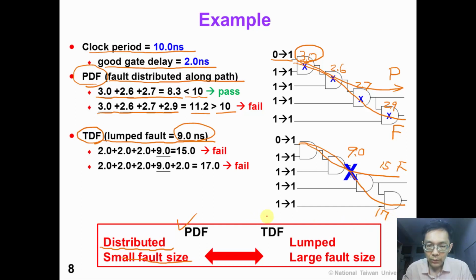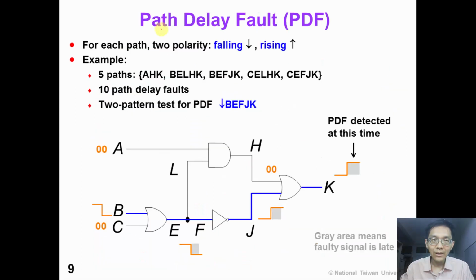So the transition delay fault model assumes that the fault is lumped in a particular faulty node, and the fault size is very large. So we do not need to consider the propagation path. We can say that path delay fault is more accurate, but the model complexity is higher than transition delay fault.